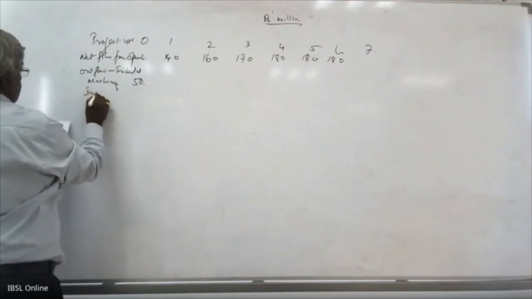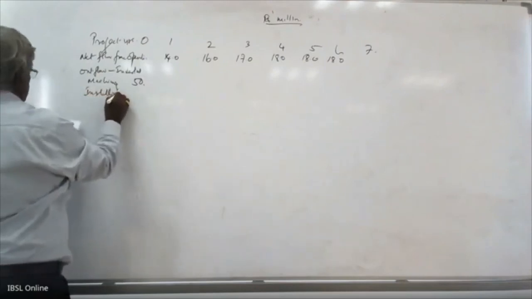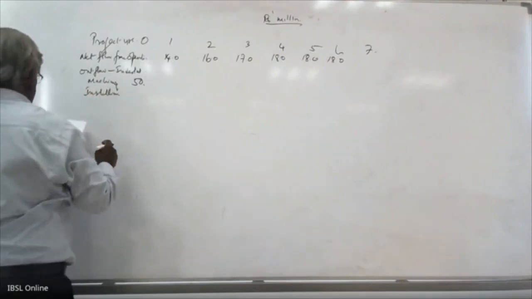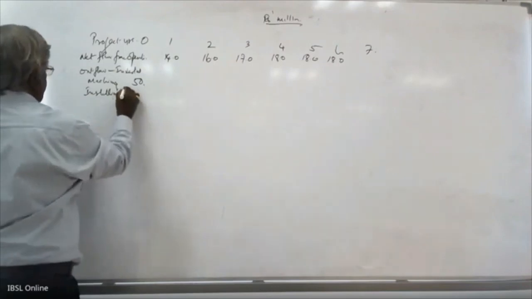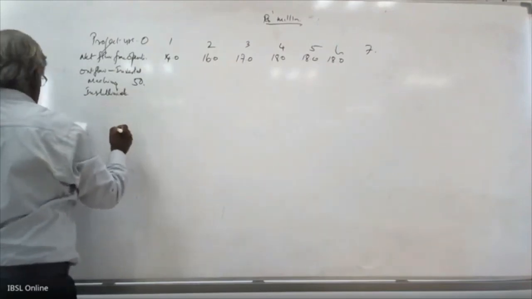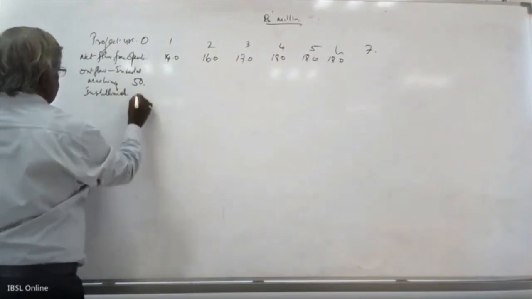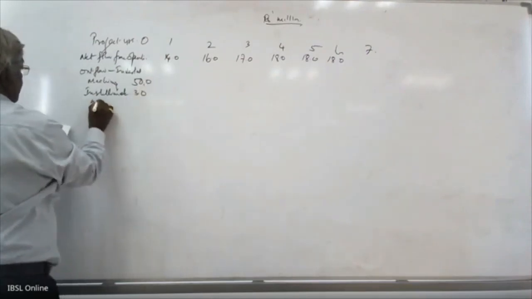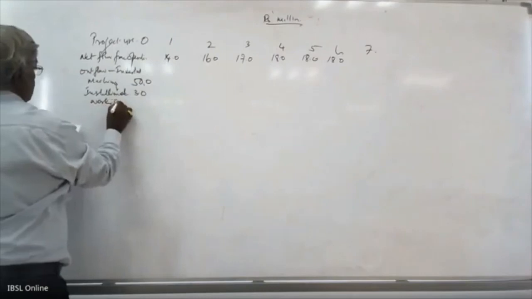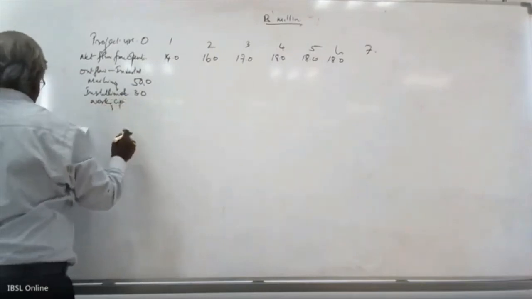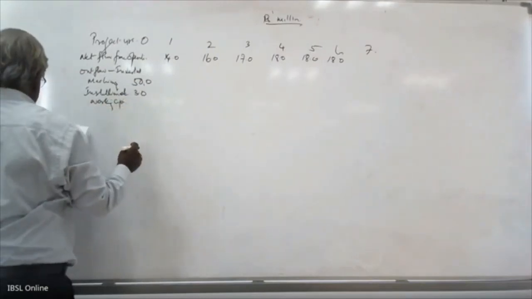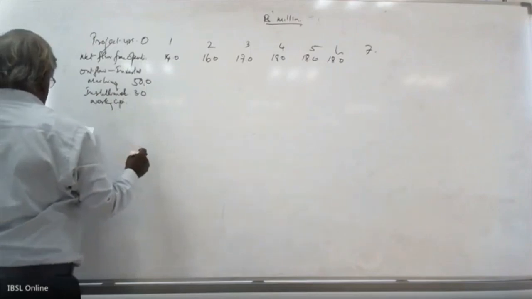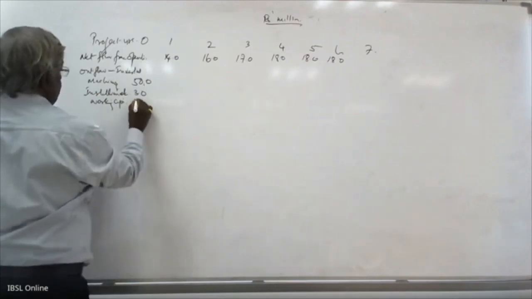Installation, training of workers and everything, installation, etc., 3 million. Working capital, $12 million.